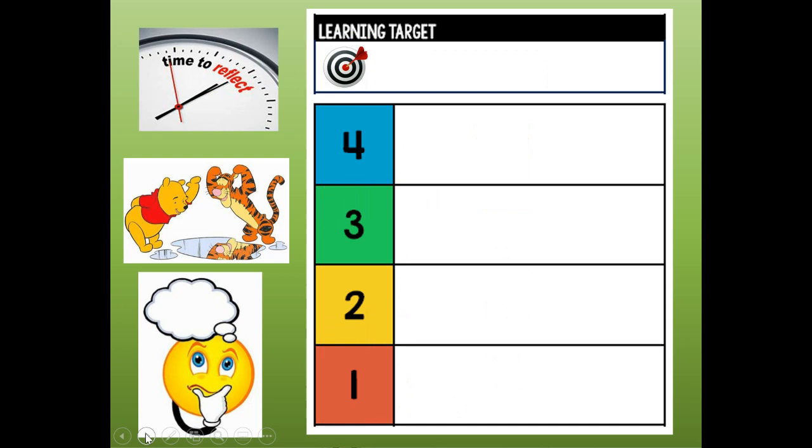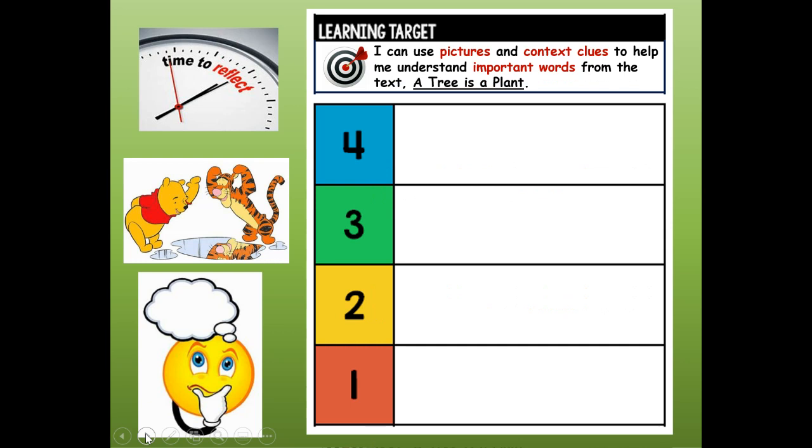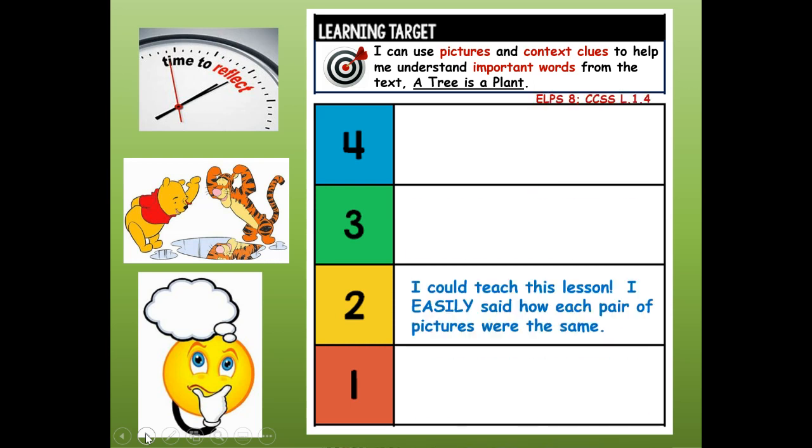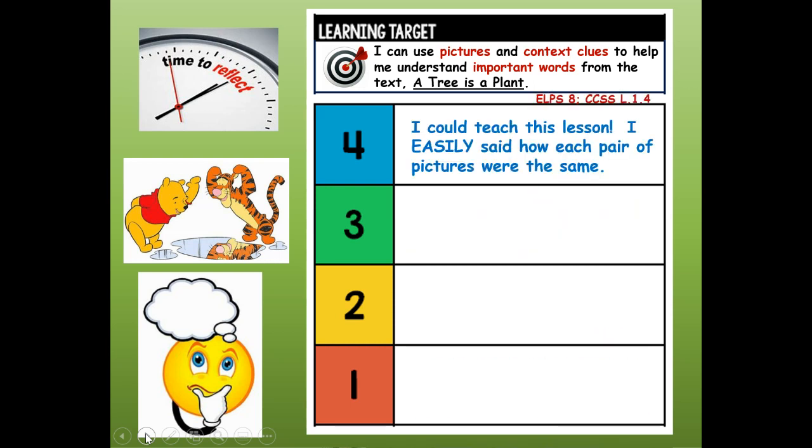At the top of your paper, I want you to reflect on your learning. I can use pictures and context clues to help me understand important words from the text. A tree is a plant. Would you give yourself a 4? I could teach this lesson. I easily said how each pair of pictures were the same.